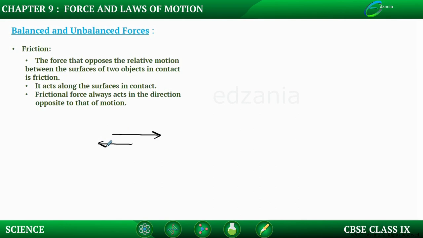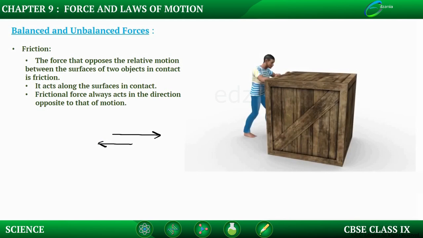Let us consider an example to understand friction. In this example, you will see that some force is applied by this person to move this box. But this box does not move and it remains at rest. He will try again and again to move this box, but it remains at rest.